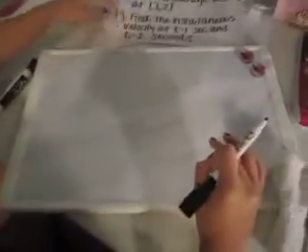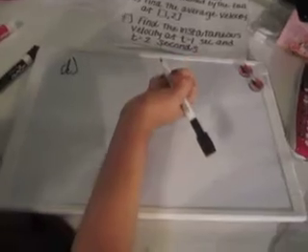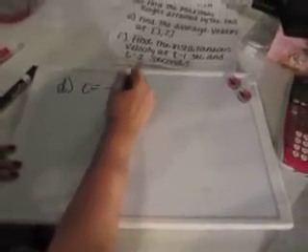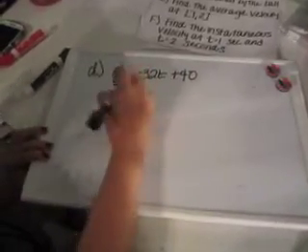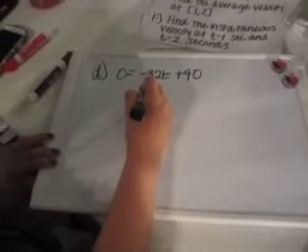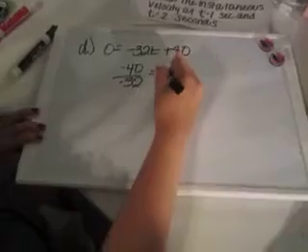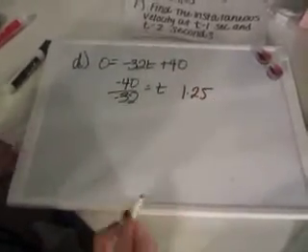So now for step D, we're trying to find the maximum height attained by the ball. So basically, we're going to set the velocity function to 0 and solve for t, which gives us 1.25.